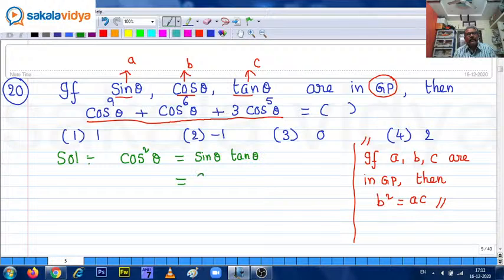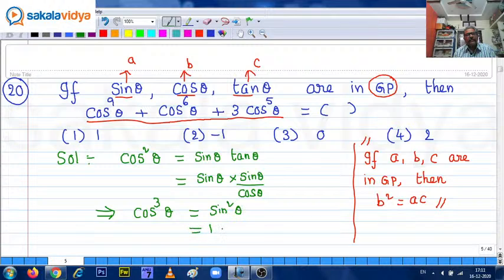Now tan theta we can write as sin theta by cos theta. Multiply cos theta on both sides. So we get cos cube theta equals sin square theta. This sin square theta we can write as 1 minus cos square theta. Say equation 1.